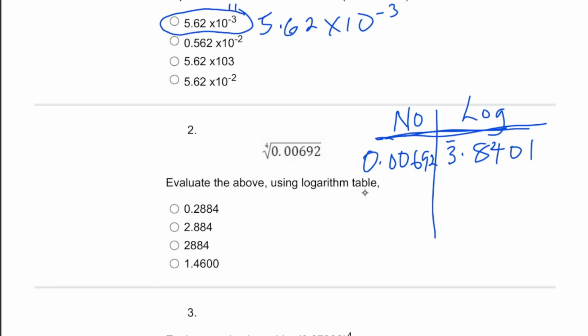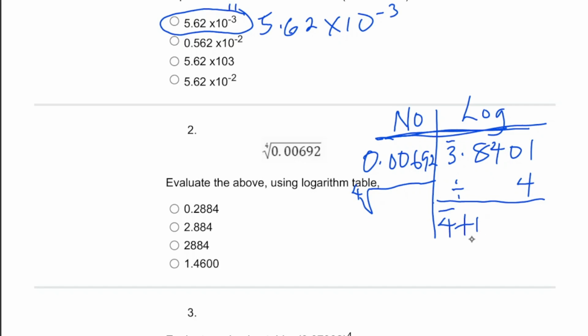So you can see that it is the 4th root. So that means we are dividing by 4. We're dividing by what? By 4. So when you have it this way, what are you meant to do? This bar 3, we want a number that we can add to it, because 4 cannot go into 3, right? So we're going to say bar 4 plus 1. We are still saying 3 because 4 can go into 4.